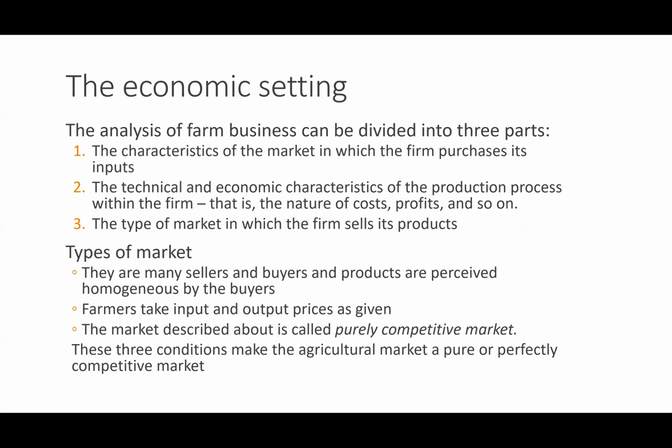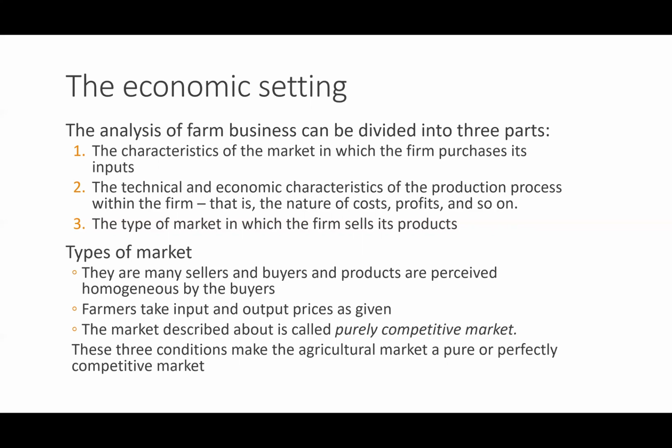We can assume that market is perfectly competitive, or not competitive. A lot of the time, the input market will not be that competitive because there are typically mostly a few large conglomerate companies that produce the inputs that farmers use, whether it's fertilizer, pesticide, or seed.